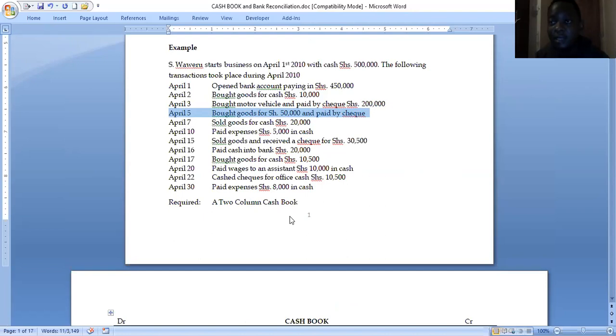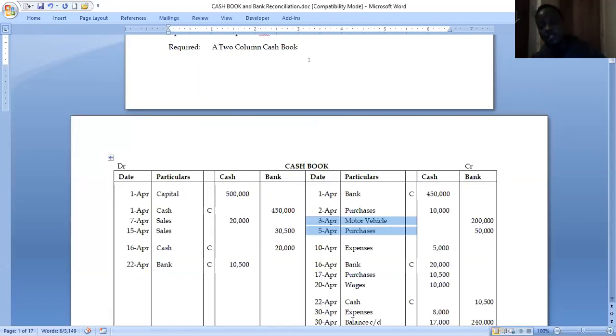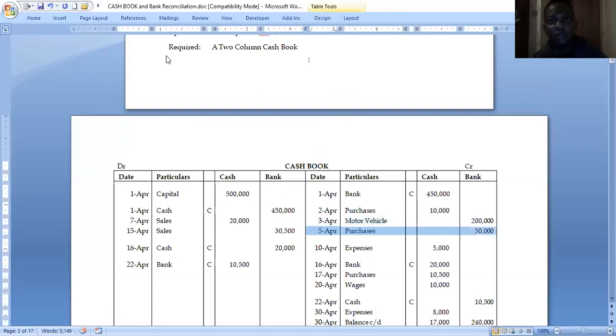Whenever an expense is increasing, you're supposed to debit. And then bank is an asset. In this transaction, it's going down, so therefore we credit bank account. So in our two-column cash book, we credit bank account by purchases, as shown there. So in the bank column, we credit 50,000 shillings.